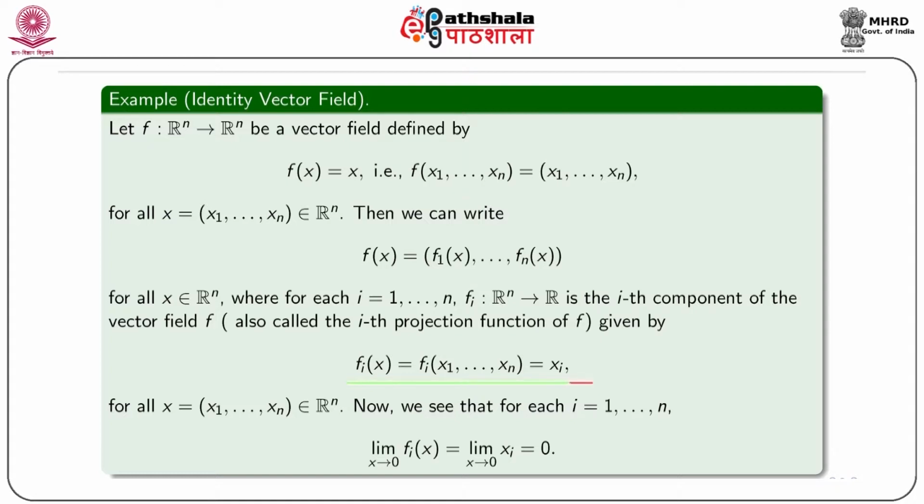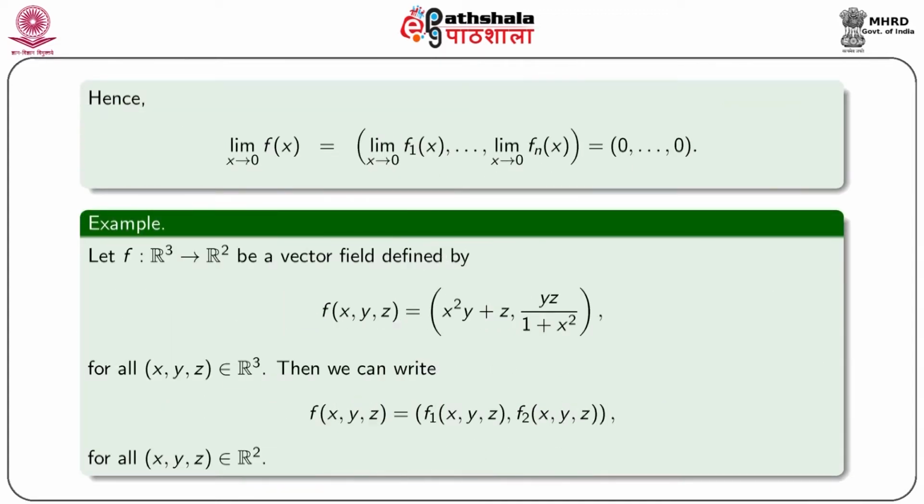Now, for each i equals 1 to n, we find that limit of F_i(x) as x approaches 0 equals limit of x_i as x approaches the origin, that is, 0. Hence, limit of F(x) as x approaches the origin equals the n-tuple (limit of f1(x) up to limit of fn(x)) as x approaches the origin. So, we have (0, 0, ..., 0), that is, the origin.